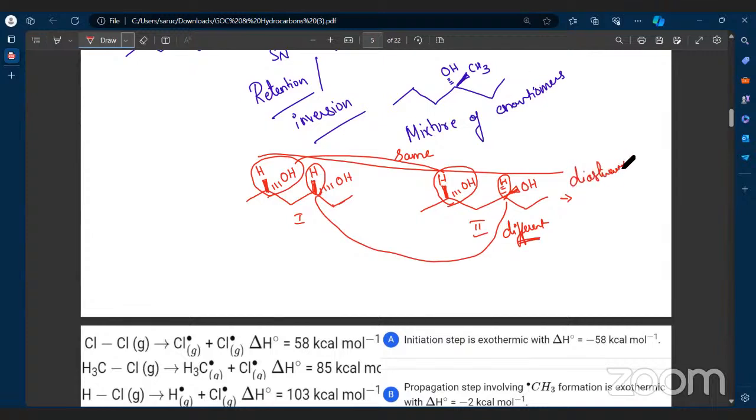Now, for instance, I'm going to change the configuration.